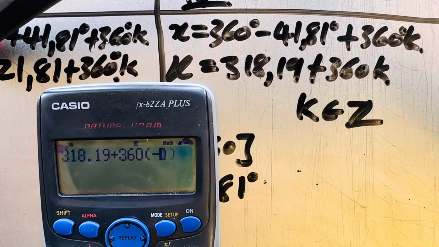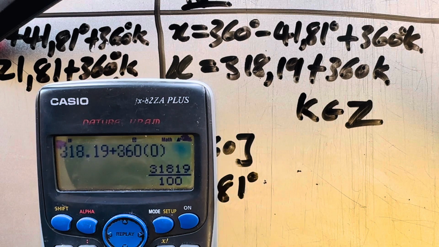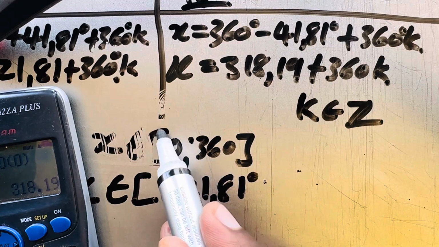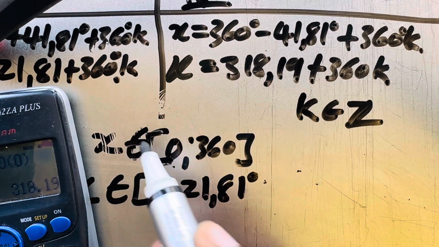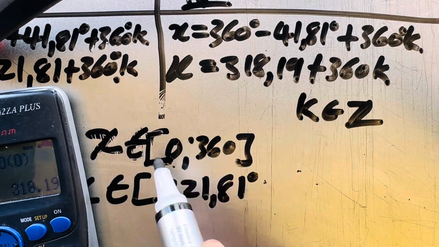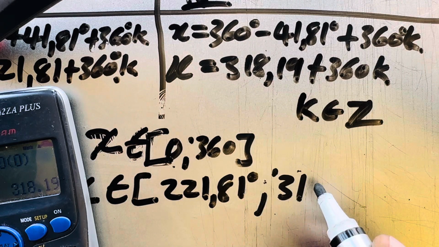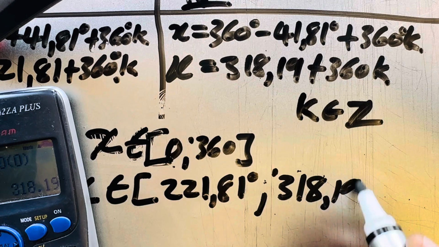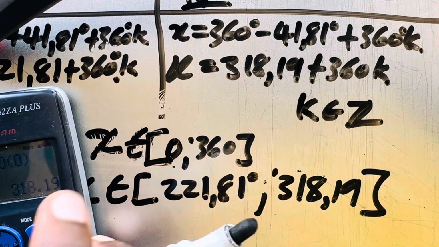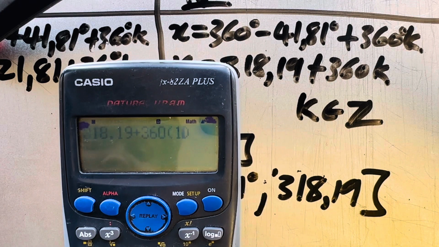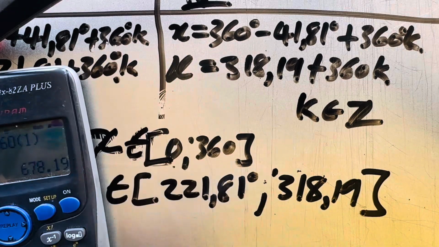Then we substitute 0, which gives 318,19 degrees, between 0 degrees and 360. When we put positive 1 here, it will exceed 360, so it is not in the interval of x.